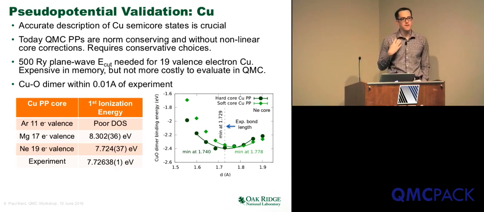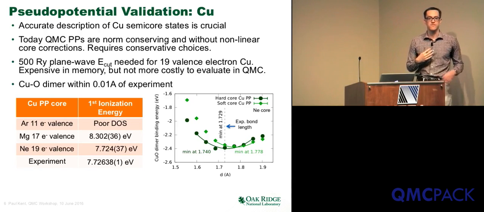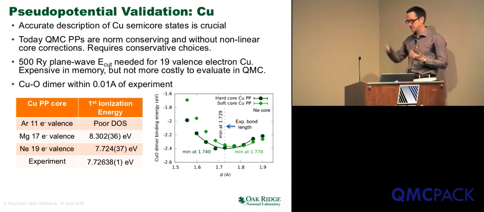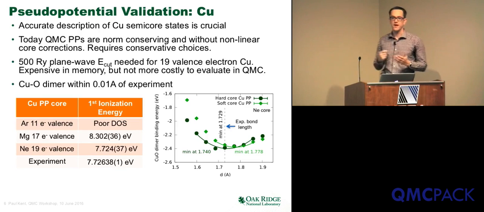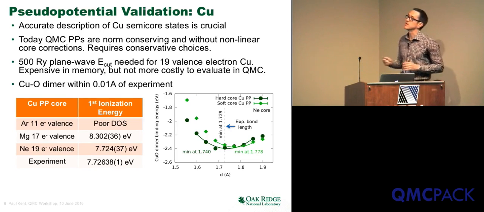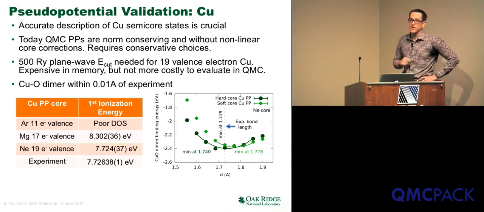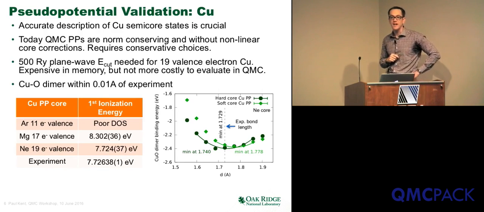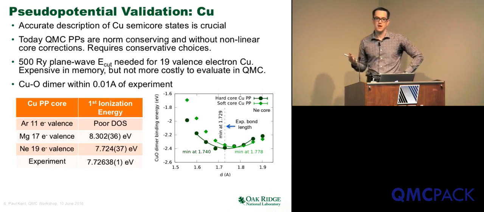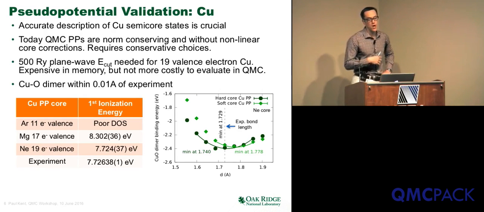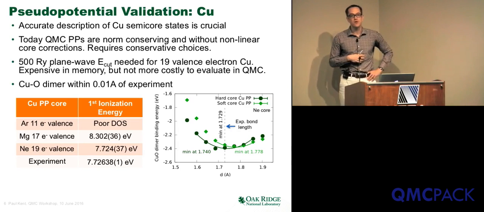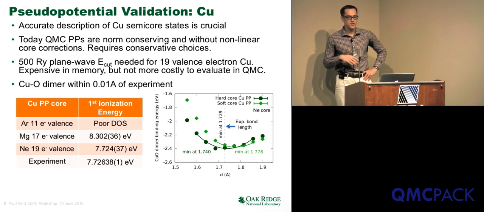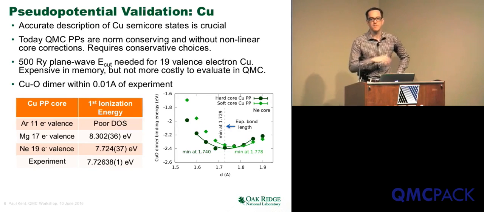By hard, that means we need a large number of plane waves to converge it. We've got a deep potential, or fine wiggles in the wave function that need to be resolved. So we're running at about 500 Rydbergs in plane waves, and this is a factor of 4 or so larger than what one might be using if we were just generating a potential for DFT in LDA, PBE, or so on.